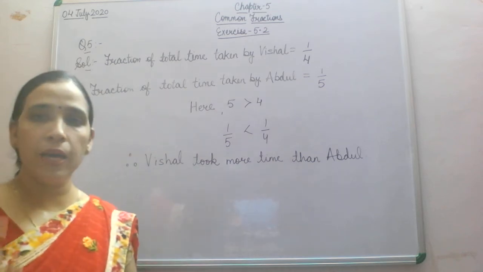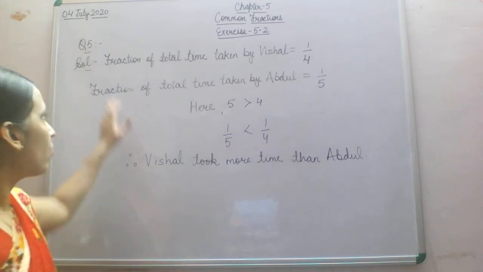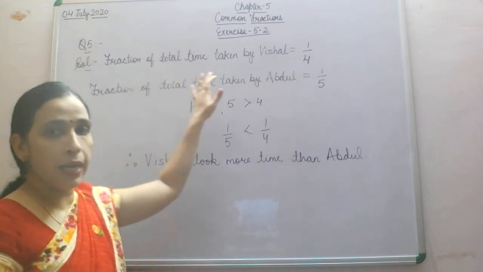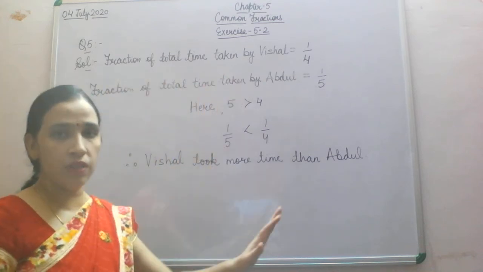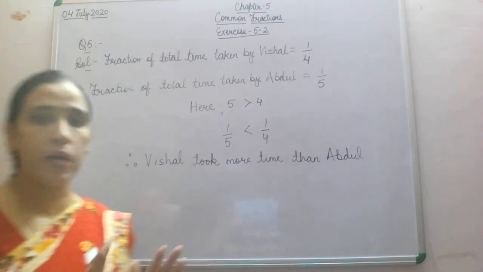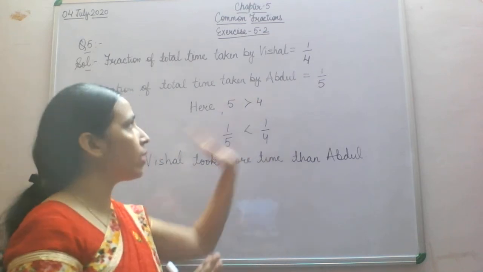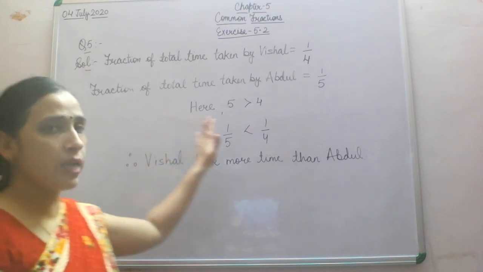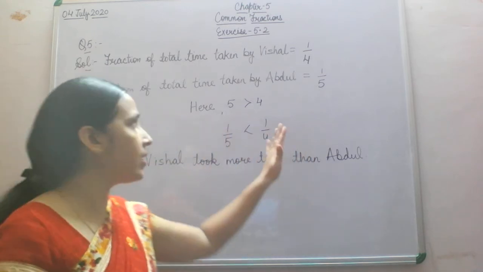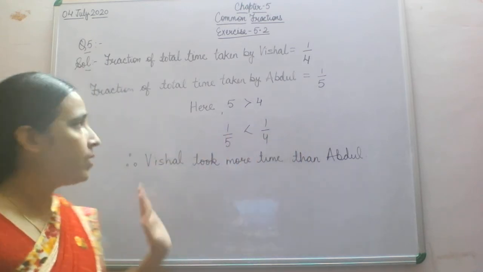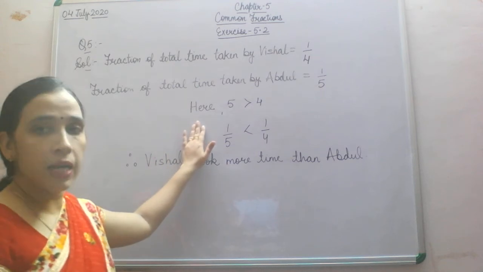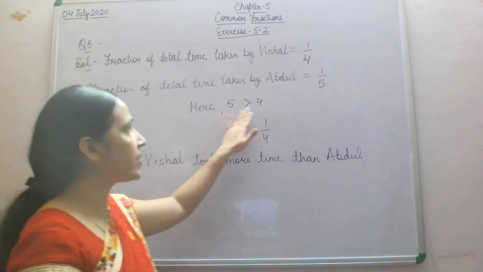So what we have done here? We have compared both the fraction of total time taken by Vishal, that we have written, fraction of total time, that is 1 by 4. Then fraction of total time taken by Abdul, that is 1 by 5. Now we will start comparing it, that is 5 is greater than 4.